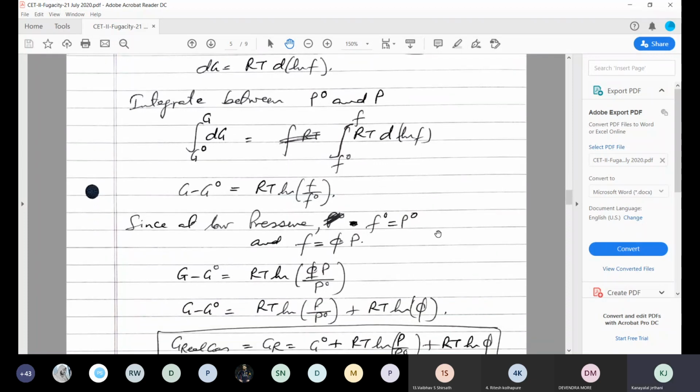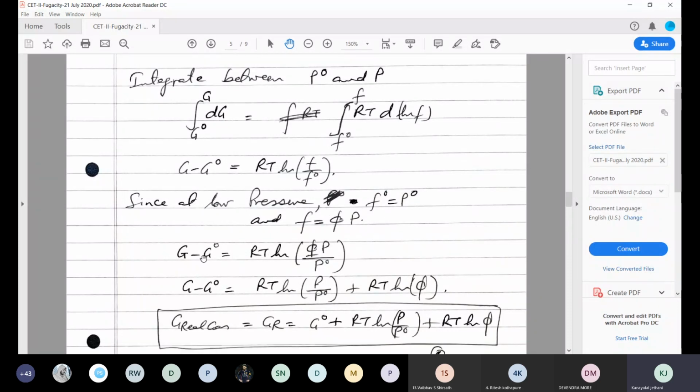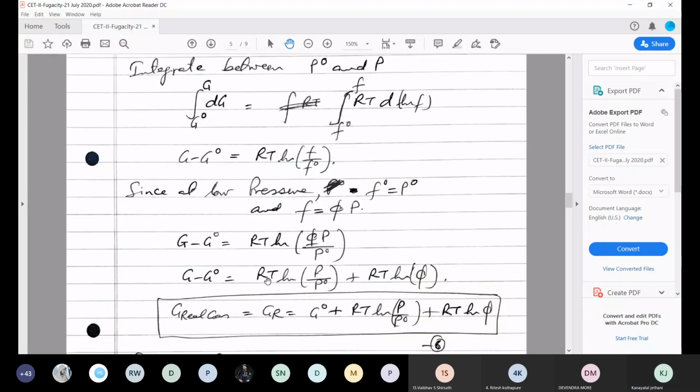Since at very low pressure, F0 is equal to P0 and F is equal to phi into P, right? We have defined F by P as the fugacity coefficient, right? So we can replace this: G minus G0 is equal to RT ln F, with F equal to phi into P, and F0 equal to P0. So what you'll get is RT ln P by P0 plus RT ln phi.